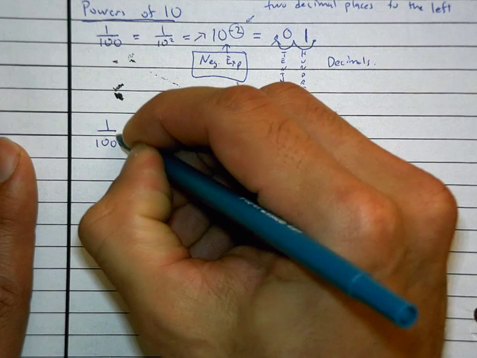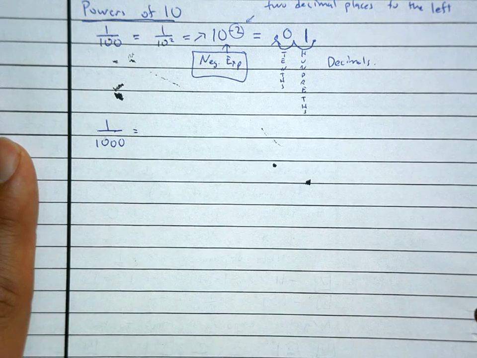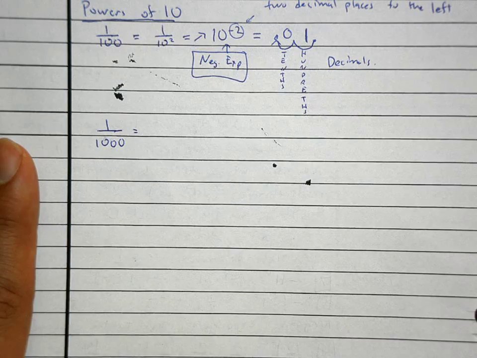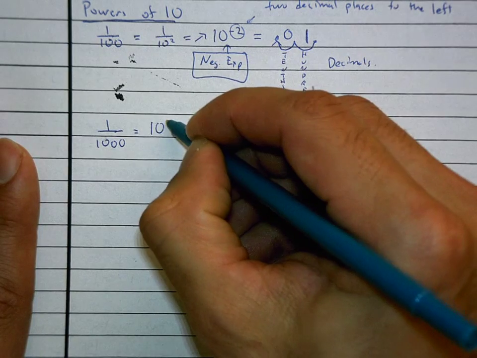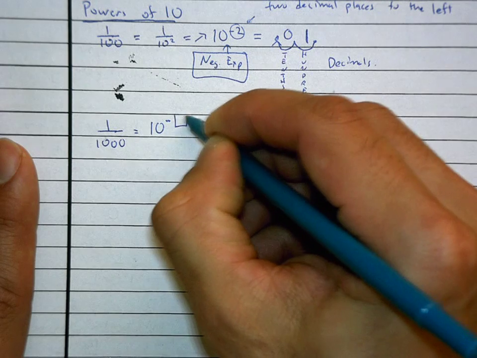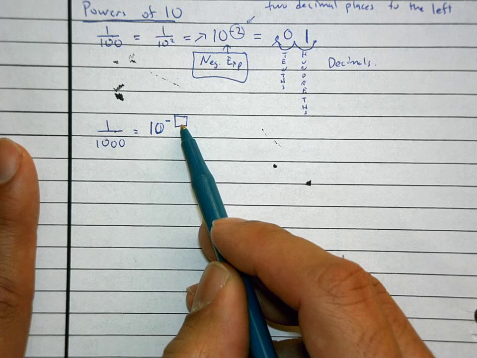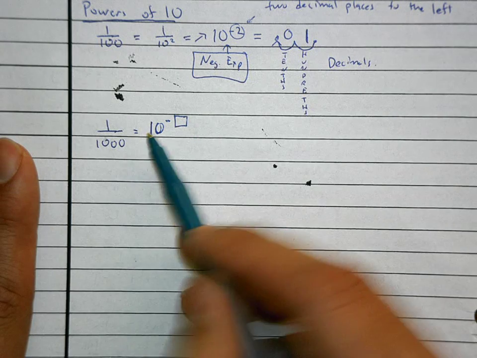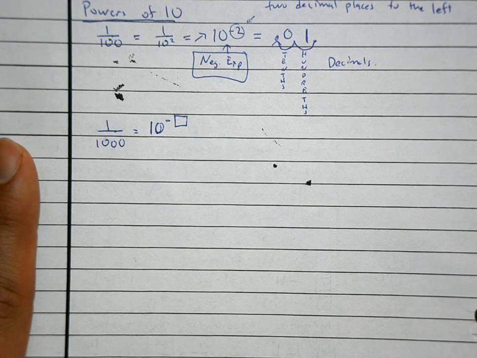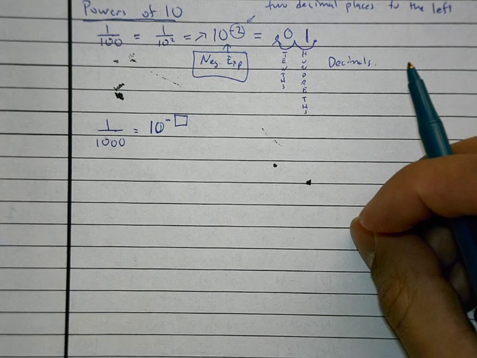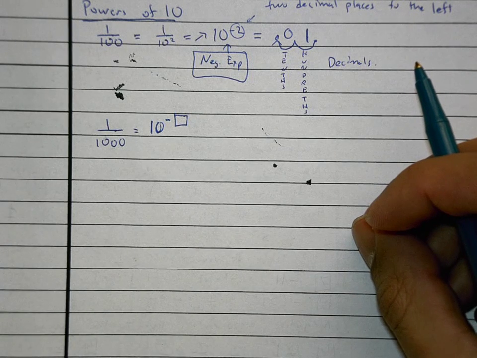1 over 1,000. Okay? That is 10 to a negative number. I'm going to put a big box here, a blank spot for you. It's 10 to the negative something. If you know what it is, put your answer in the box and then take a peek at your neighbor's paper and see if you have the same thing. Go ahead.